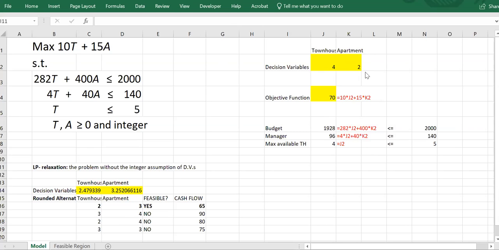And what we see here is that it's definitely different from what we found using the rounding trial and error technique. We couldn't find 4 and 2. So basically, it tells us that rounding is not guaranteed to give you the optimal solution.